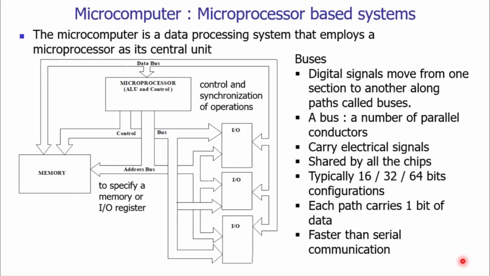After studying the definition of a microprocessor and microcomputer, now let us look at the configuration of the microcomputer. On your screen you can see a typical arrangement of a variety of elements of a microcomputer.